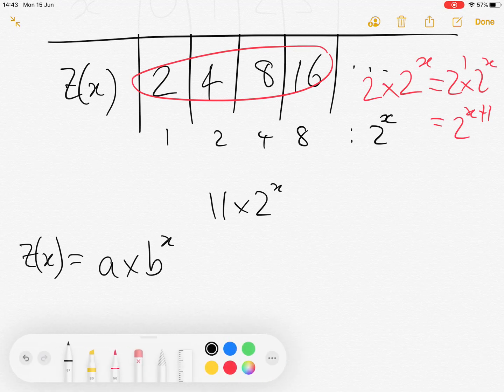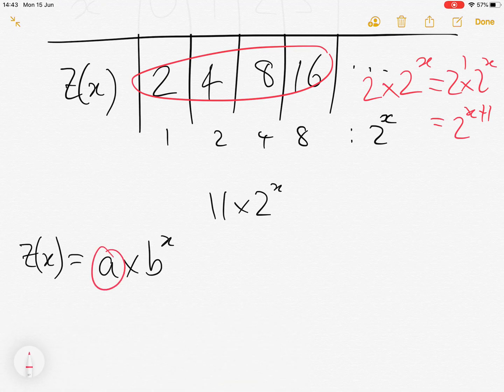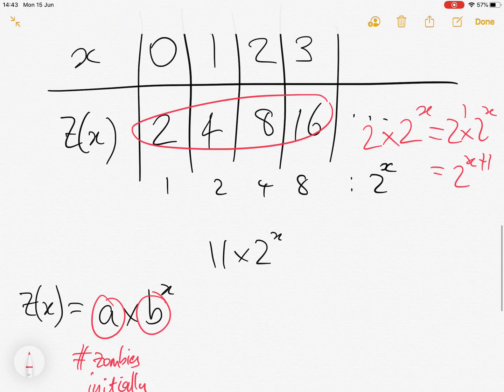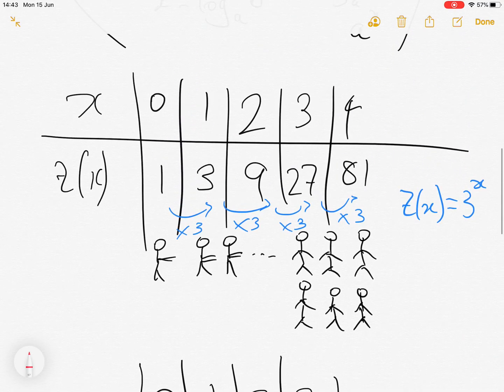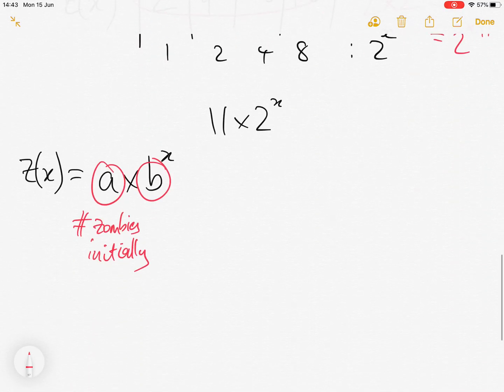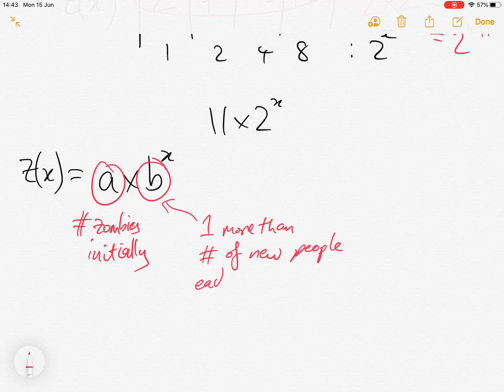Well, a is always the number of zombies we start with, and b, well, if b is 2, that was when they each infect 1 new person. If b is 3, that's when they each infect 2 new people. So b is 1 more than the number of new people each zombie infects per day.